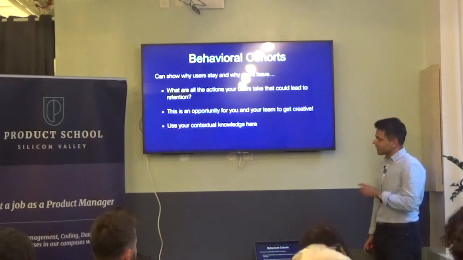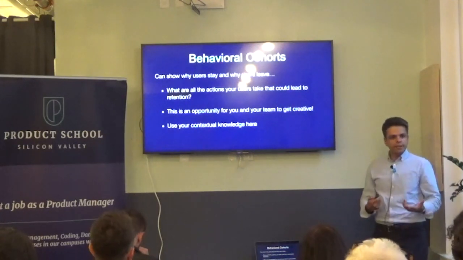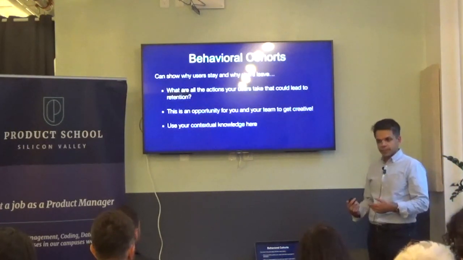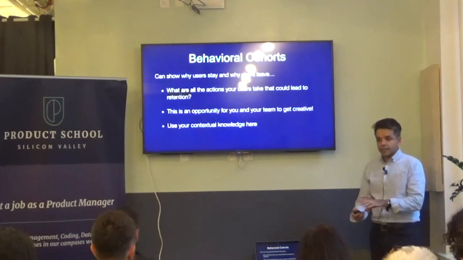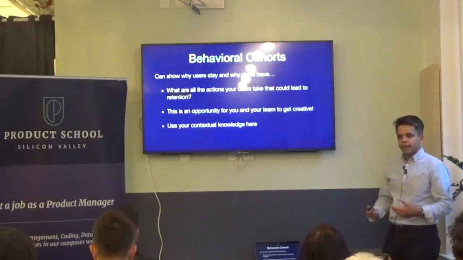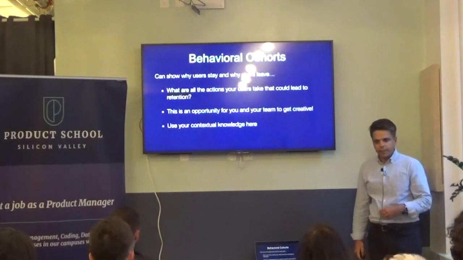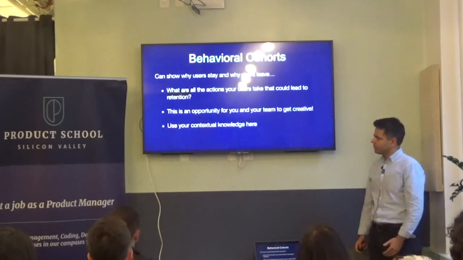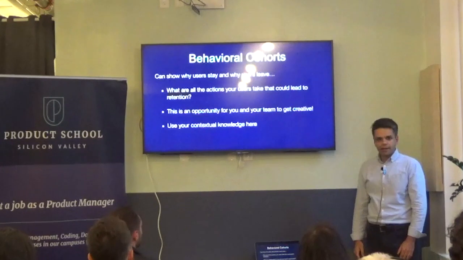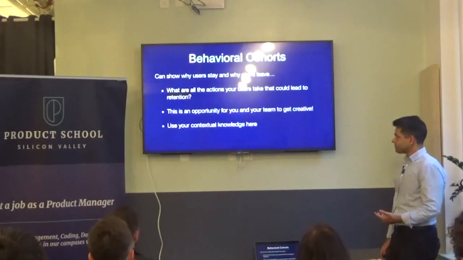This is kind of fun because it is a bit of a data-driven approach, but if you're talking to users and understanding pain points and you can tell what features they get excited about, you can triangulate around some of those behaviors and try to see if users that do that have better retention. So you're using your contextual knowledge here. If you work with a team of researchers or designers, I think they'll probably get a lot of good feedback that can help you with this type of exercise.